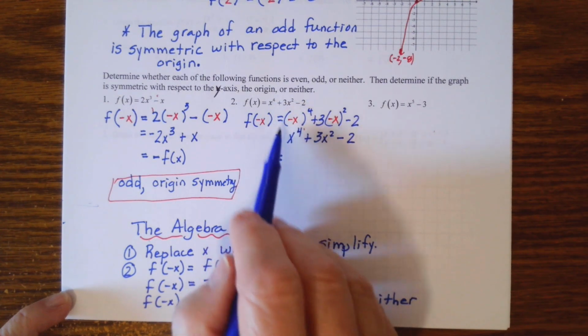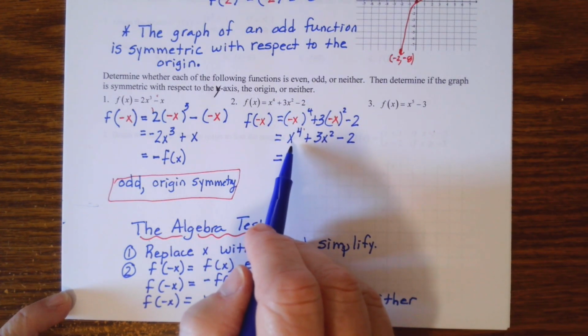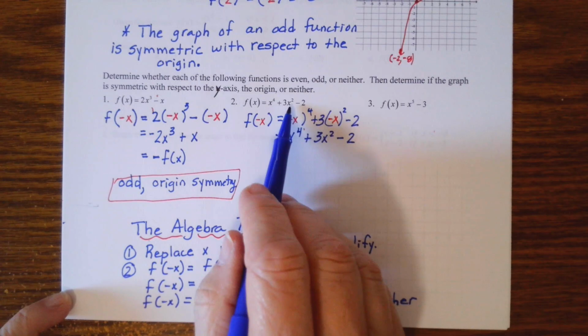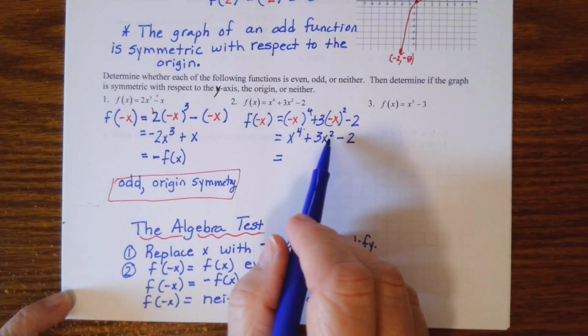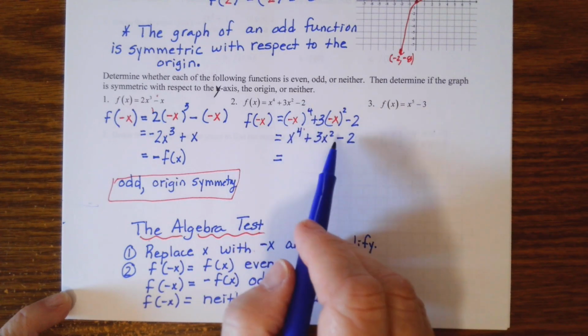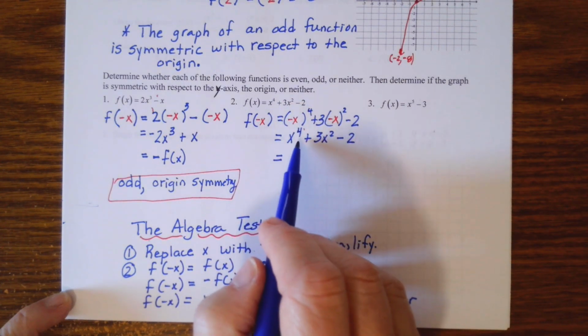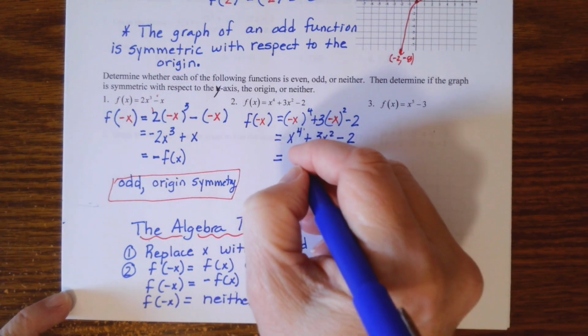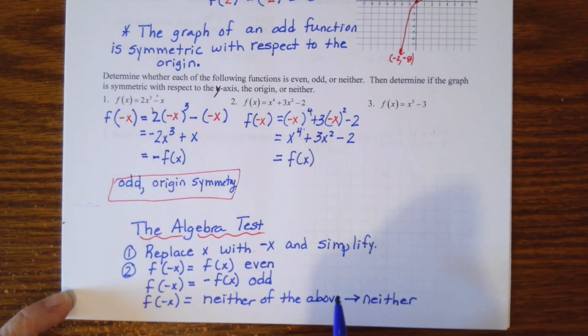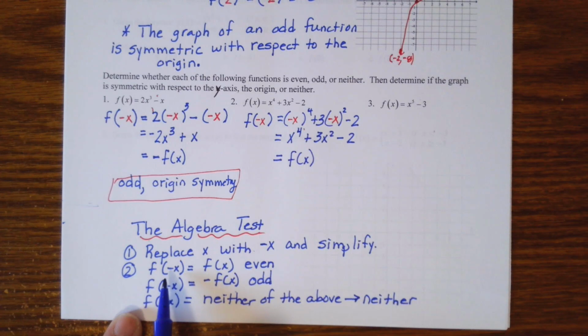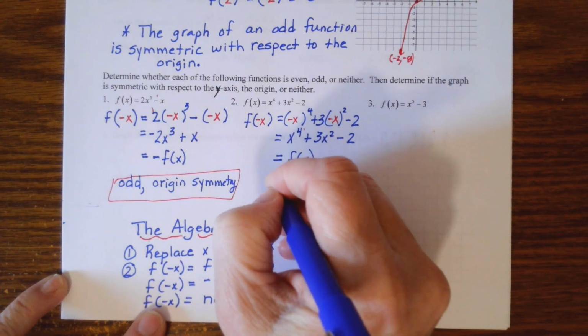So I have x to the fourth, and it's positive. I have plus 3x squared, plus 3x squared. So I'm the same there, minus 2, minus 2. So these are exactly the same. When I did this, I got the same f of x. So going down here, if I replace with a negative x, do I get my same f of x? I did, so this one is even.